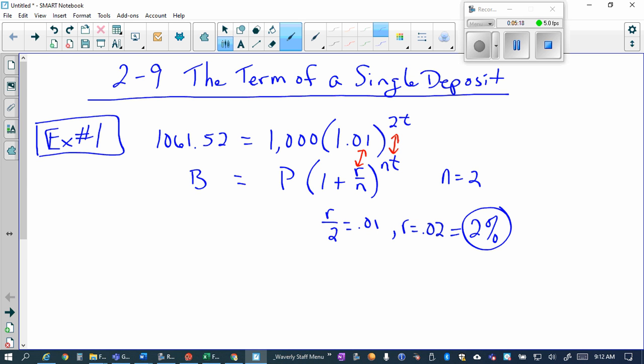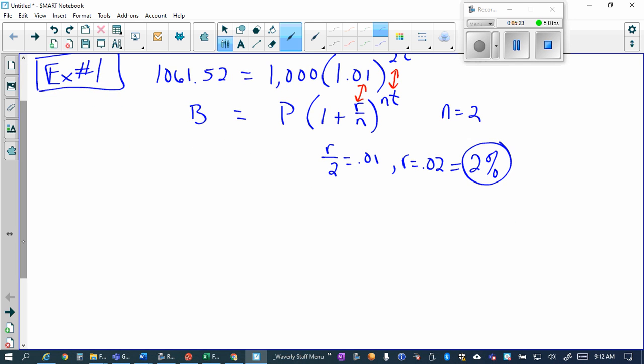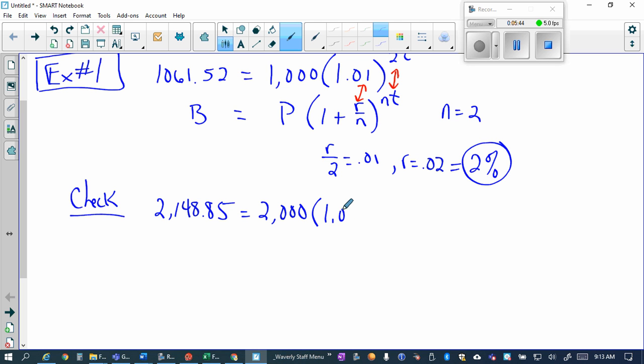When you guys try that with the check, see if you can work that out, because you'll have some homework problems like that. In the check, I think they gave you 2148.85 equaling 2,000 times 1.006 to the 4t.